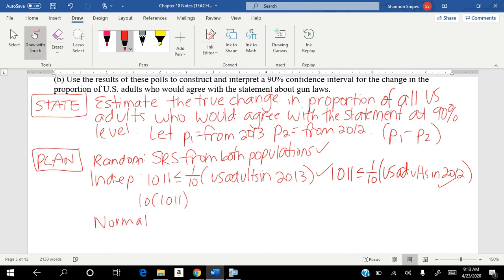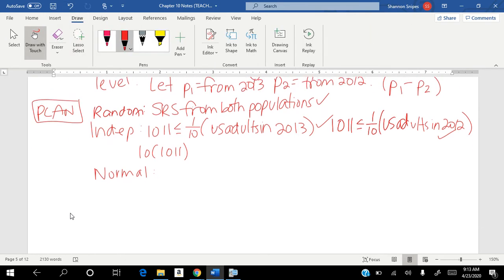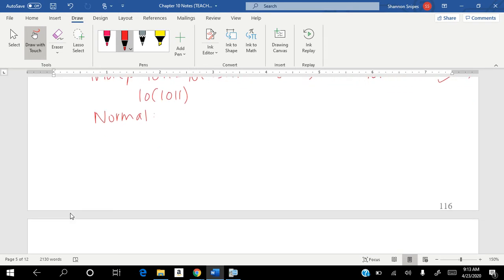All right, let's check our normal condition. So our normal condition is where we look at the successes and the failures and make sure they are all greater than or equal to 10. Okay, so our normal condition, we had 1,011, and our first proportion was 0.38, so 38% in 2013. It gives me 384.18. And 1,011 times 1 minus 0.38, 0.62, that gives me 626.82.